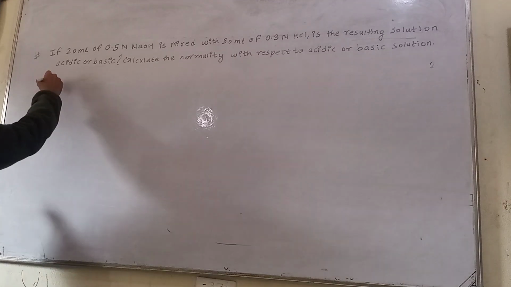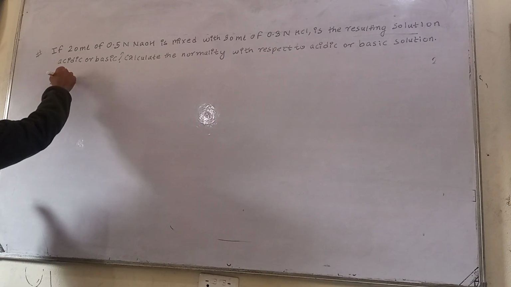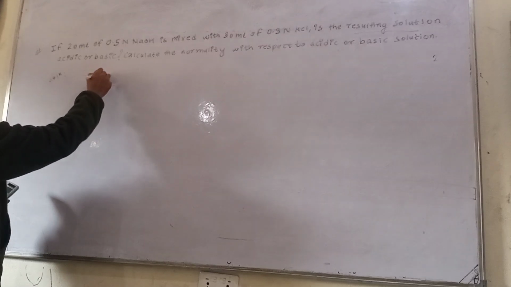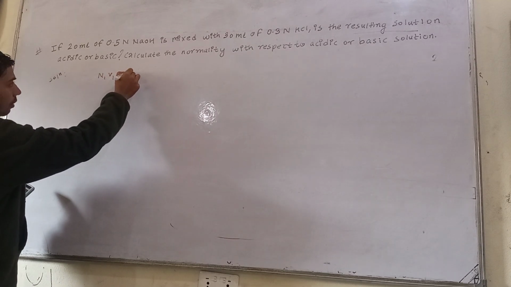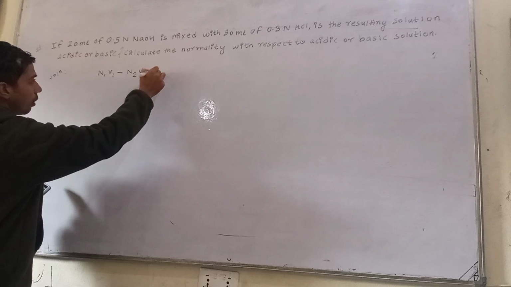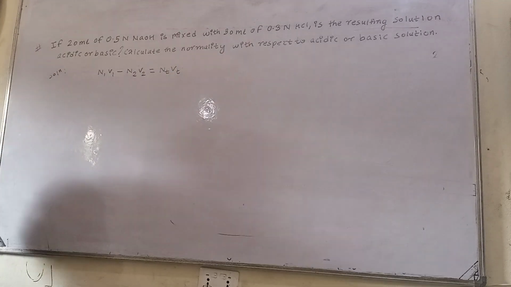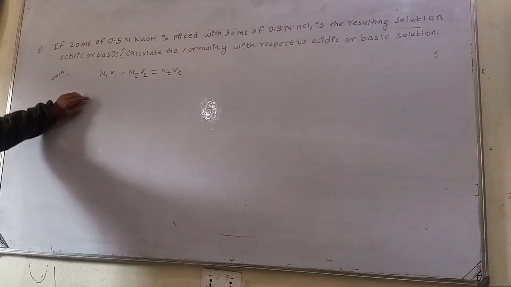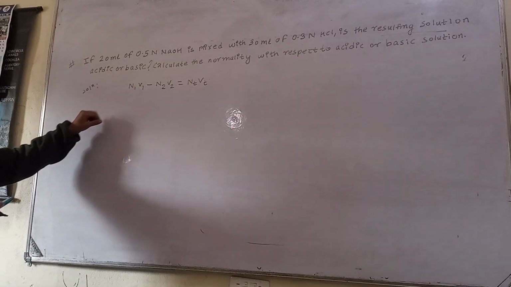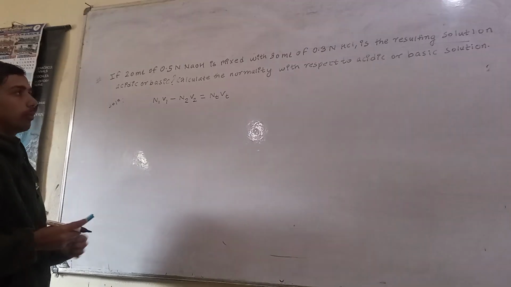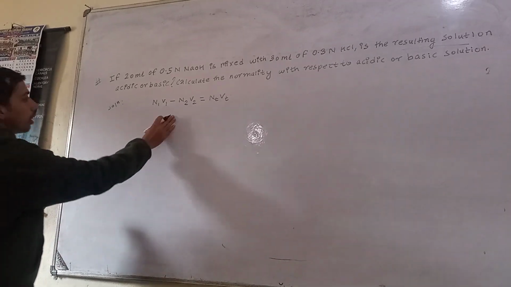For such type of question, we have an easy trick, that is N1V1 minus N2V2 equals NEB. This means for such type of question, you need to have such a formula, then it is very easy to get the answer.